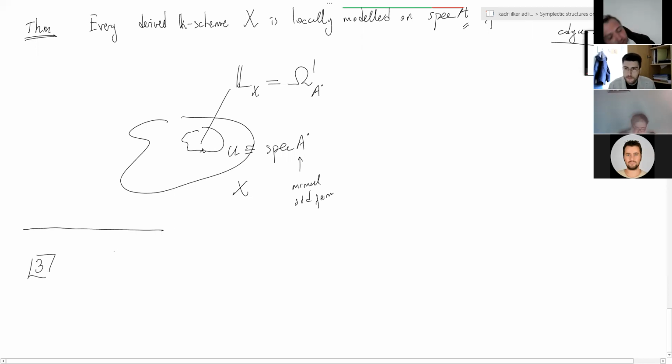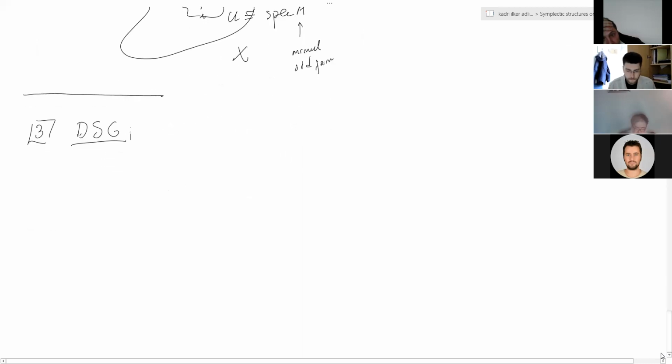And the third one, derived symplectic geometry. Let's discuss this. Maybe we should first remember the classical case. In the classical case, let's say X is just a smooth manifold.